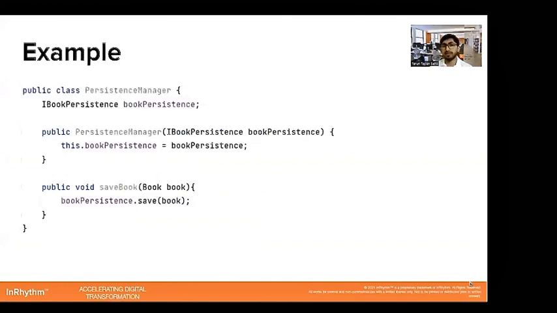In the driver code, the persistence manager is again setting it up via the constructor. Here we are not hard coding it, but whatever we pass during runtime will be the actual book persistence, and the save book method will act accordingly. See, here we're also achieving the dependency inversion.